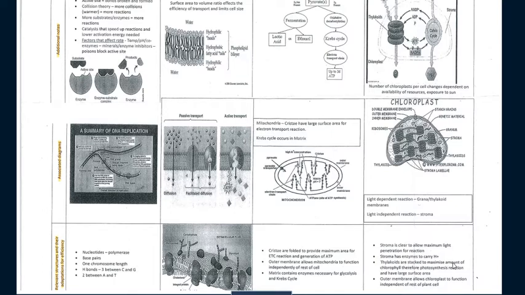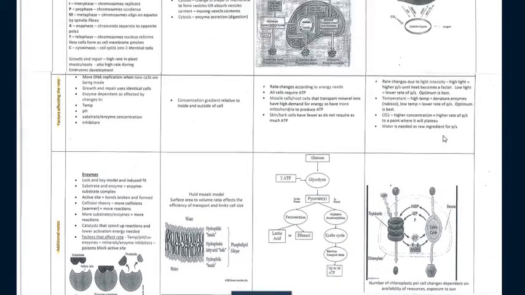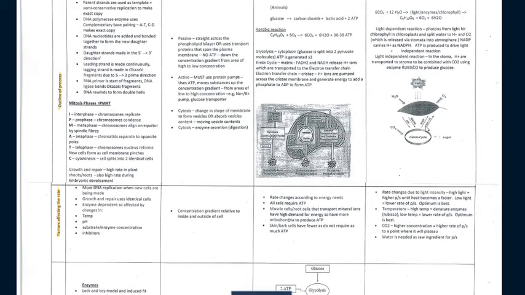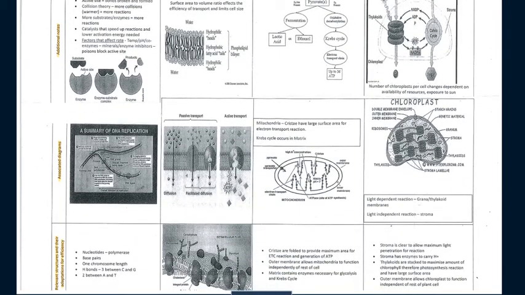Thylakoids are stacked to maximize the amount of chlorophyll there for the photosynthesis reaction and have a large surface area. Because we've got those stacks of thylakoids making up those grana, we're maximizing the surface area for photosynthesis. Basically it means we have a bigger area for the photons from the light to hit those grana in the chloroplast to maximize photosynthesis.